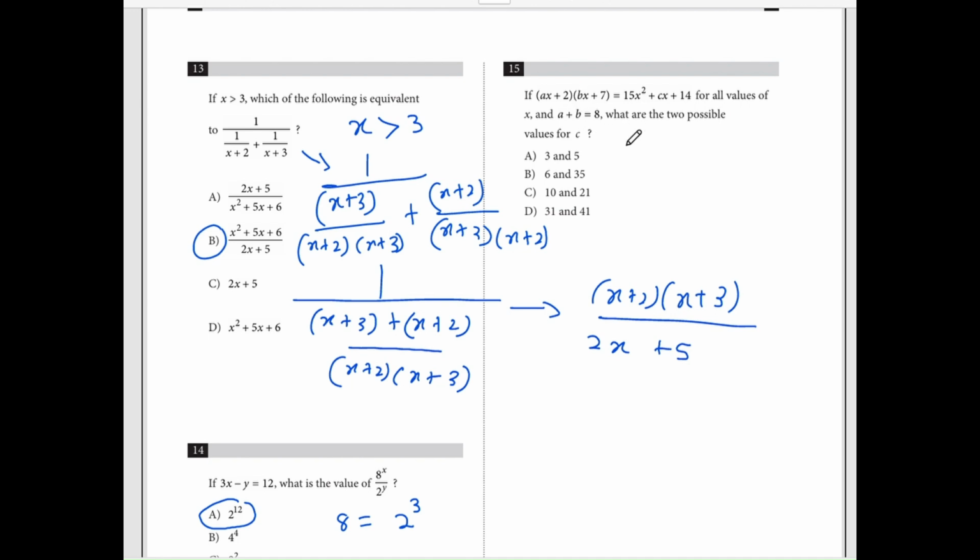Let's simplify the left hand side. abx squared plus 2bx plus 7ax plus 14 equals 15x squared plus cx plus 14.